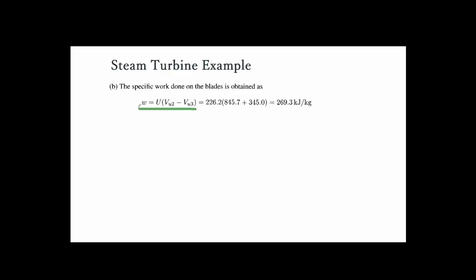You will find this equation over and over again in any turbine. Not only steam turbine, but in any turbine we will do this similar calculation. We have the value of U and Vu2 and also Vu3. We just plug in all those values inside this equation. You will get the specific work done on the blades is equal to 269.3 kilojoule per kilogram.